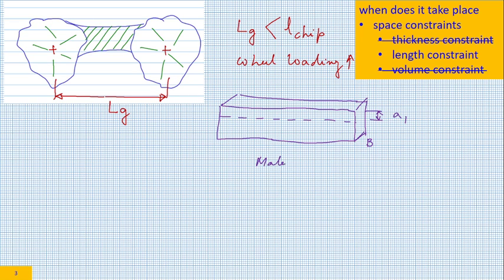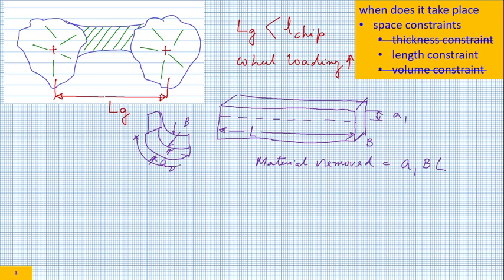Thus, material removed due to shaping would be A1 into B times this length L. What is the chip? The chip looks like this, where this one is A2, this is B, and the length of the chip is L chip.